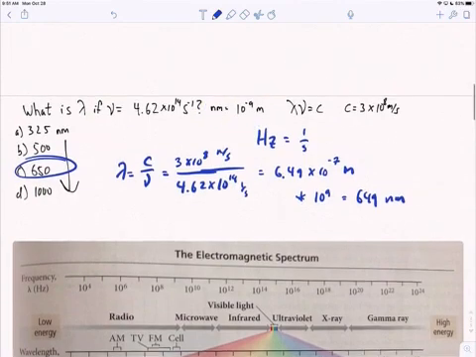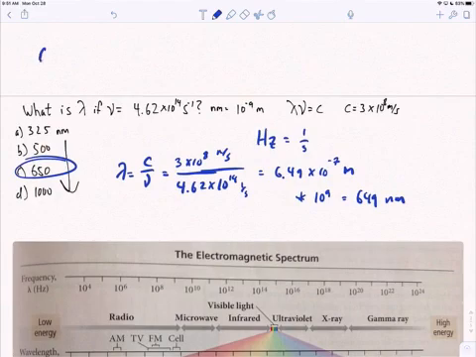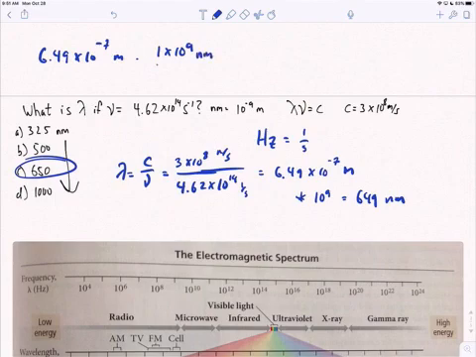Okay, so let's do it this way. 6.49 times 10 to the minus 7 meters times, I guess it would be 1 times 10 to the 9 nanometers per meter.